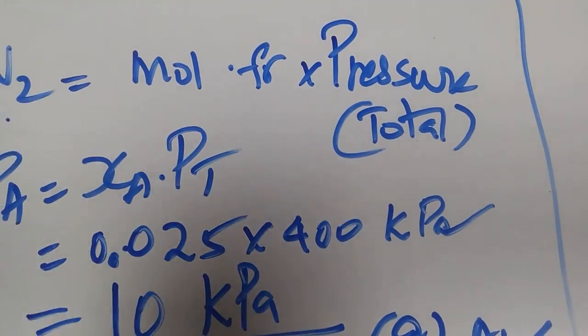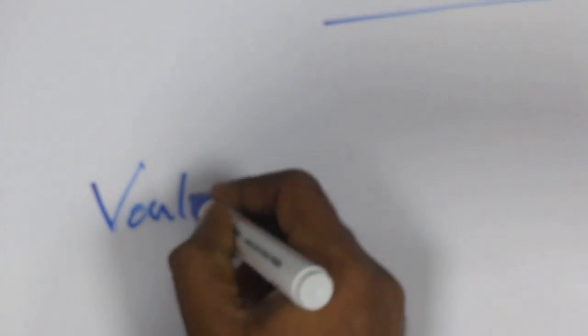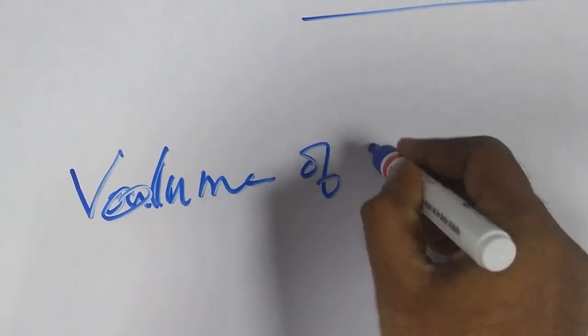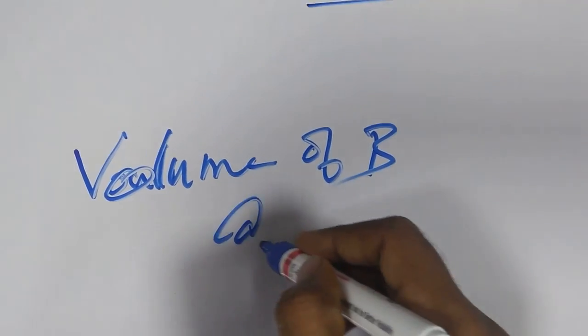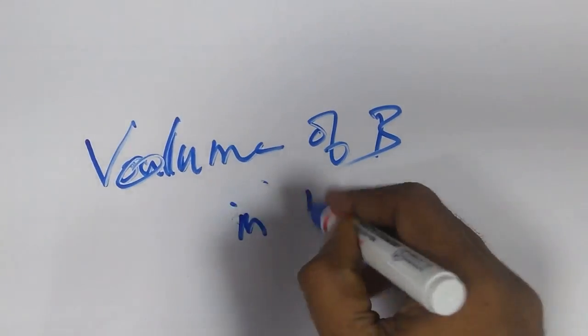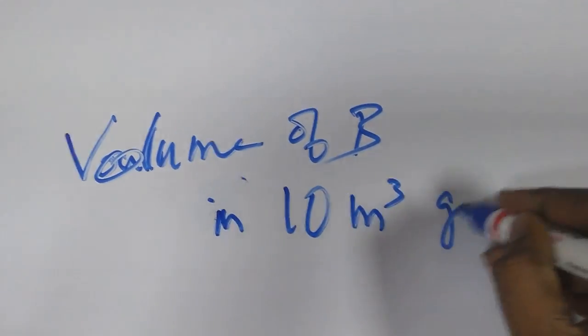So what was the question in the second part? The pure component volume of ethane, volume of B in 10 meter cube gas.